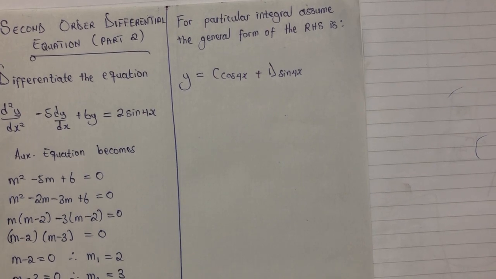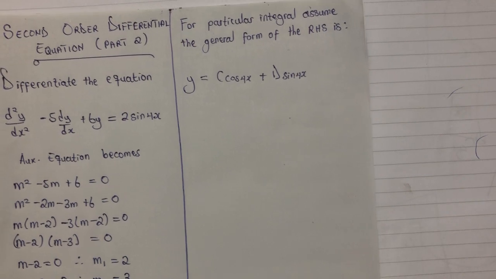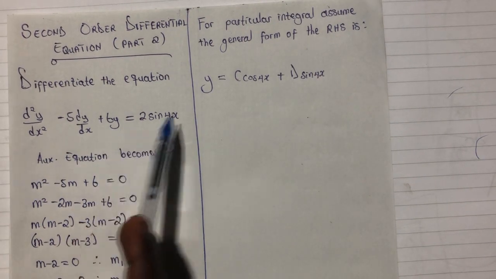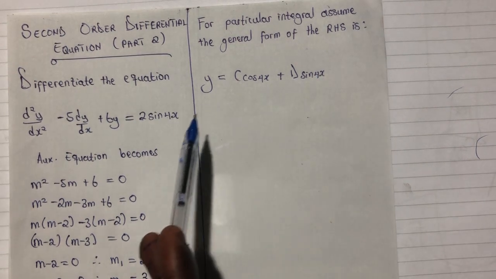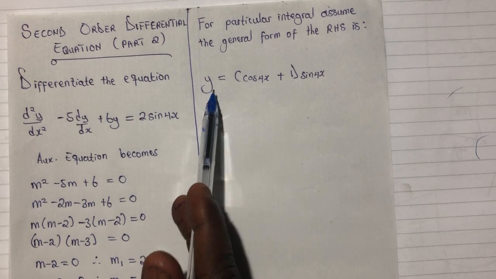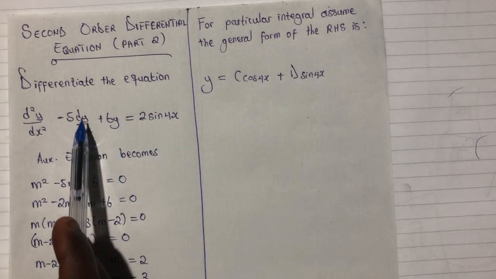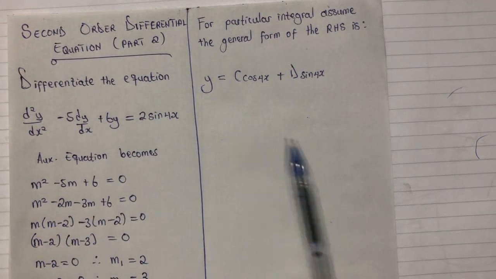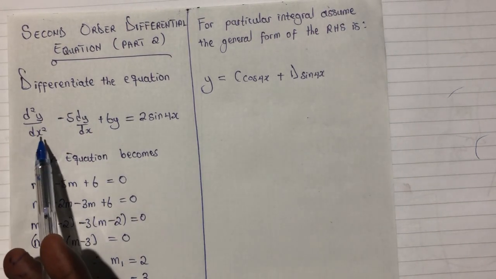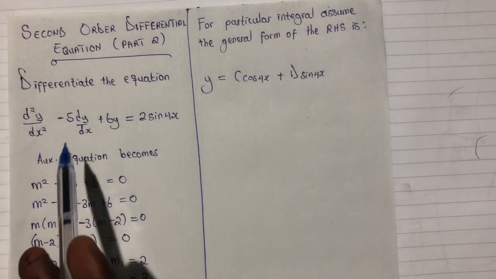Since this is a second order differential equation, we now have the y term, which is equal to this. We need to differentiate this function y to produce the second term dy dx, and then we differentiate a second time to produce d squared y dx squared, so that we can do the substitution.